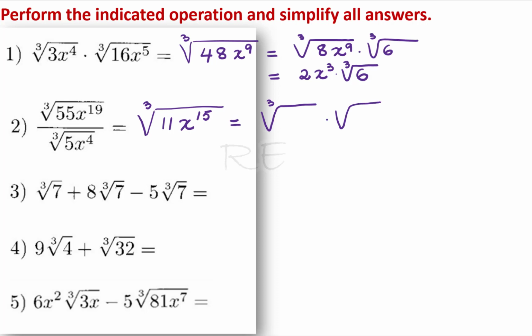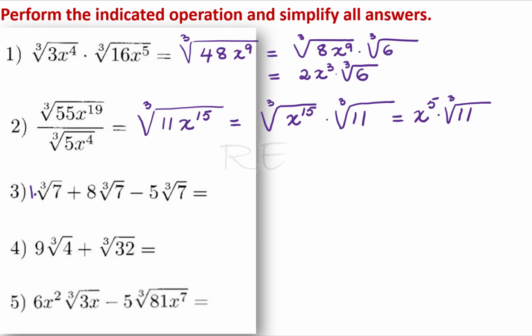Now, x to the 15th is divisible by 3, so it is the rational part, and 11 is the irrational part. Cube root of x to the 15th is equal to x to the 5th, and our answer is x to the 5th times cube root of 11.